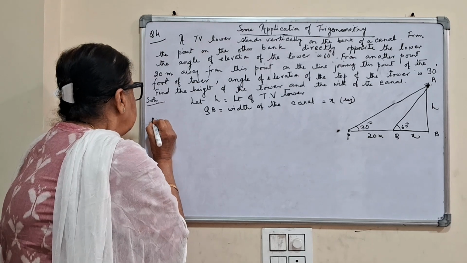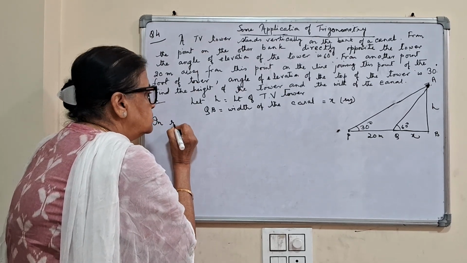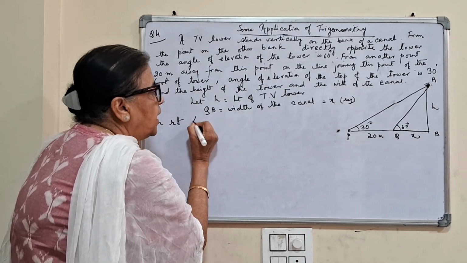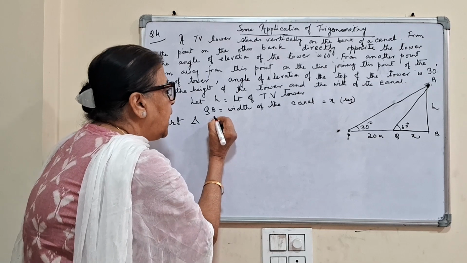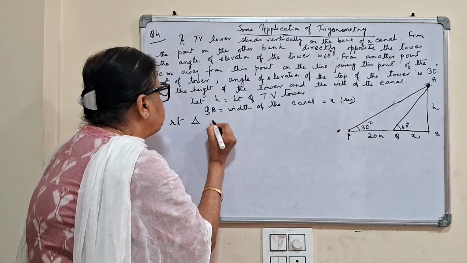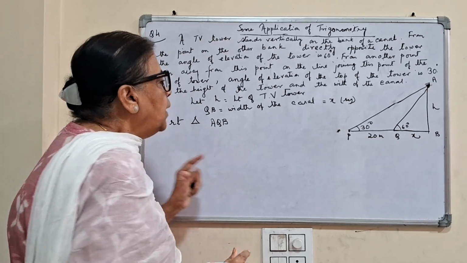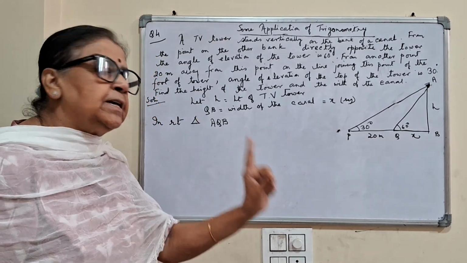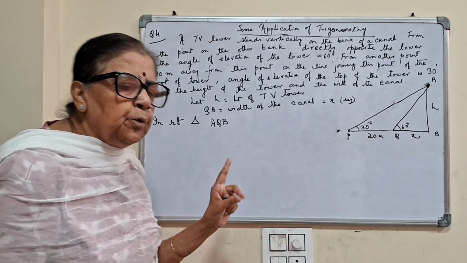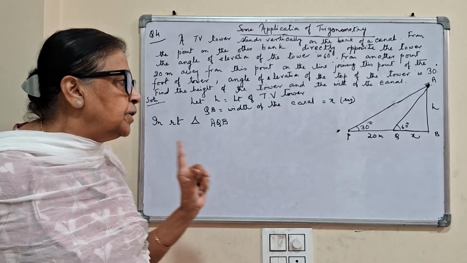Now in right triangle AQB, we have to find out H and x, the width of the canal and the height of the TV tower.